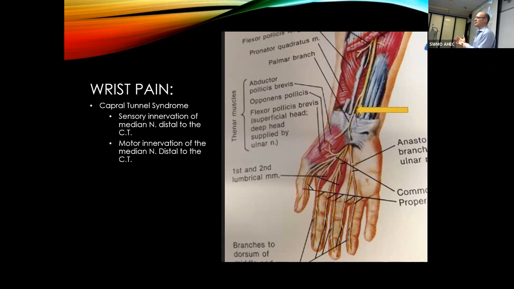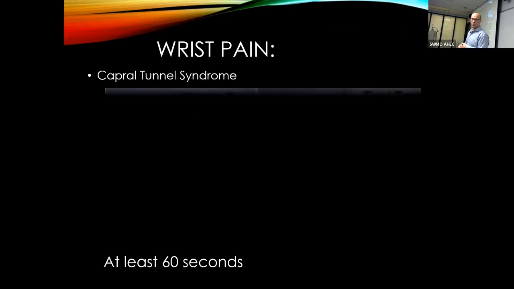I have normal sensation in my palm. I guess they're going to say it's their whole hand. So when you test sensation, specifically test the palm, because if they have numbness in their palm, they either have an aberrant palmar branch or it's compression higher up in the median nerve somewhere.